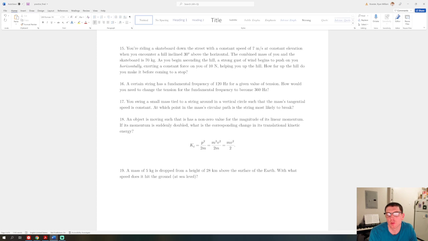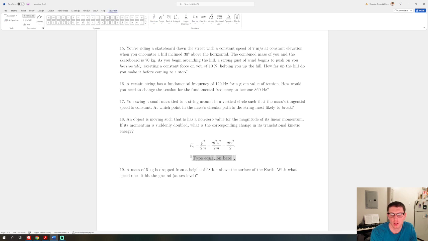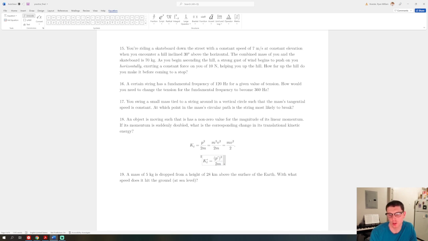Now what we do is we say K_T prime is going to be p prime squared over 2m, which is just double the original linear momentum. So 2p, and we have to remember to square the whole thing. We're not just going to square the p and leave the 2, because that's not going to work.